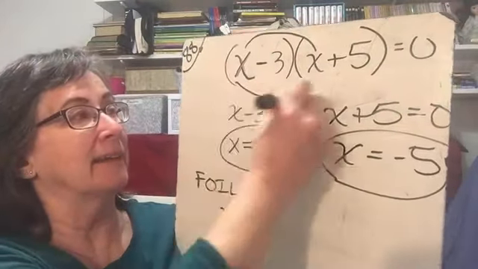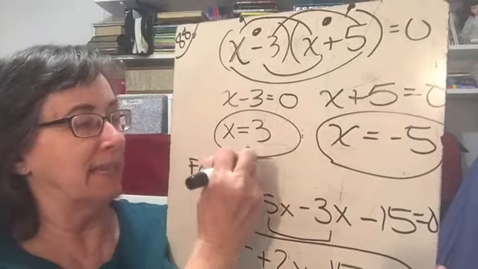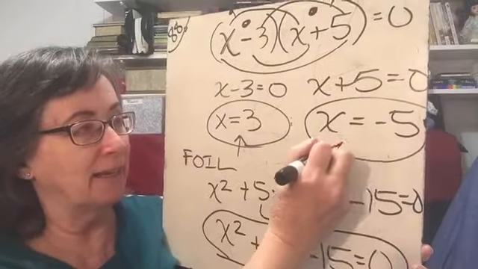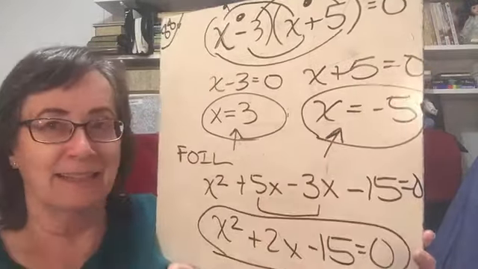So that is the equation that comes from multiplying these two factors together. So this equation should have this as a solution and that as a solution. Let's try it. If we plug in x is 3 for every x, do we get a true statement? Let's see. 3 squared is 9.